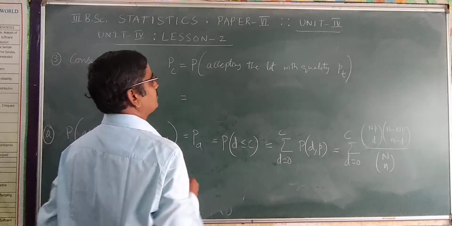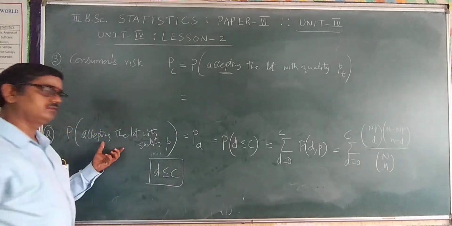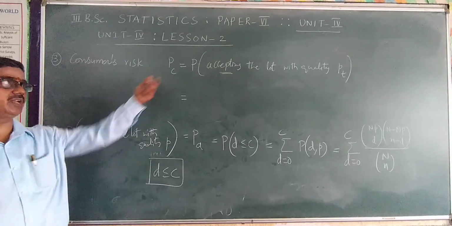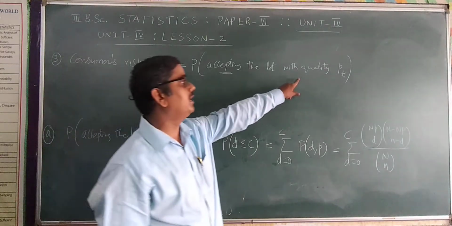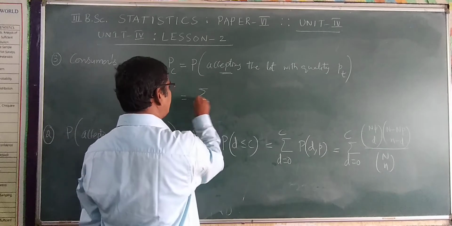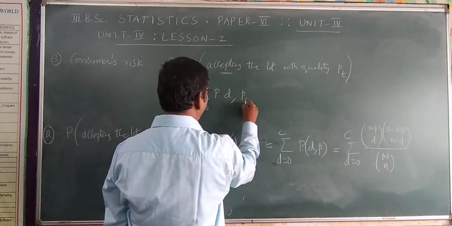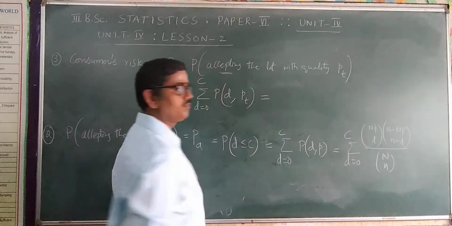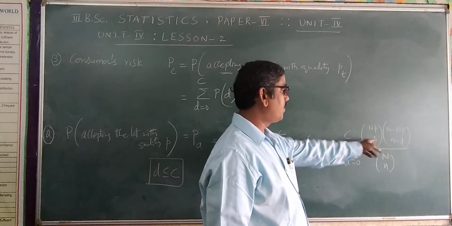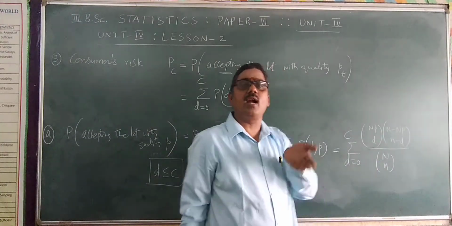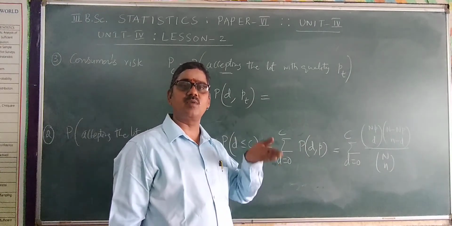I write the formula. Probability of accepting the lot is nothing but the probability of accepting the lot with quality P. Here we have PT. Therefore, I am writing summation D is equal to 0 to C, probability of D comma PT. We can easily write the same formula: in the place of P, if you replace it with PT, you will get the required result, the probability of consumer's risk.